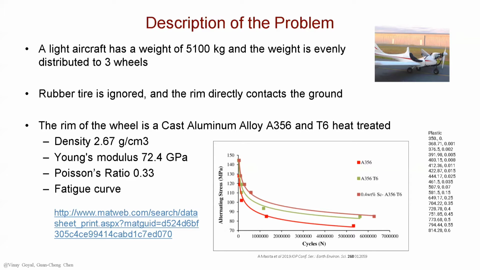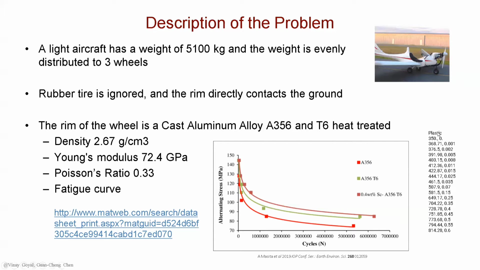In the tutorial, the conditions may vary, but typically you have the density, the Young modulus, the Poisson ratio, and typically you will determine the fatigue curve from either experimental data, in-house experimental data, a reliable source such as MMPDS or Mil Handbook 5, or MatWeb, for example, or the Aerospace Metals Handbook, for example.